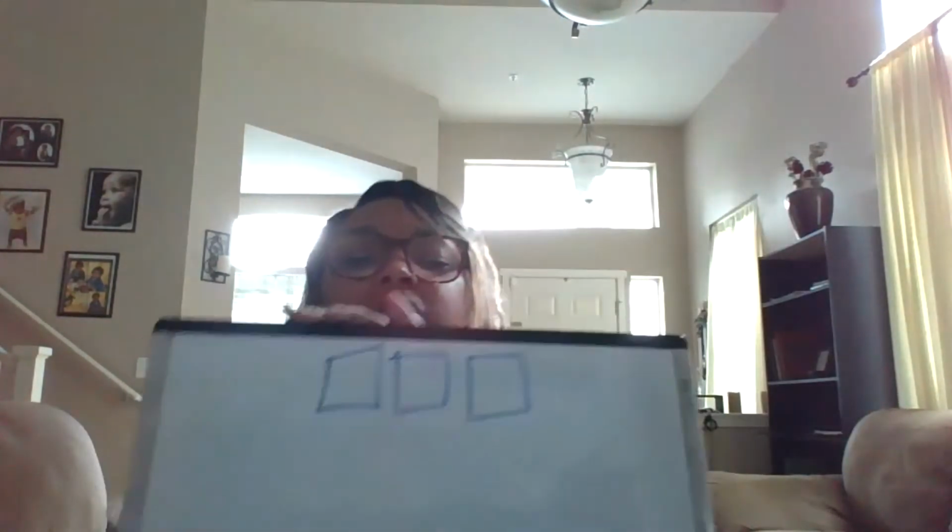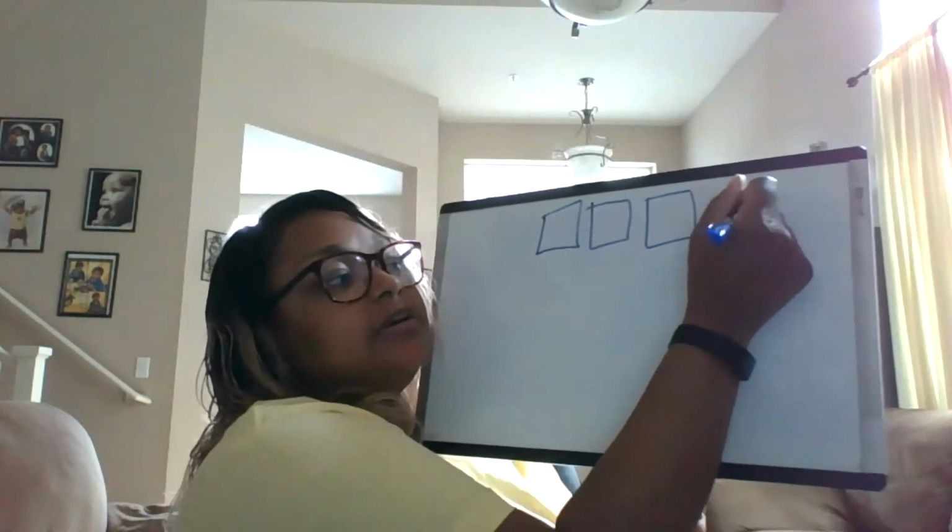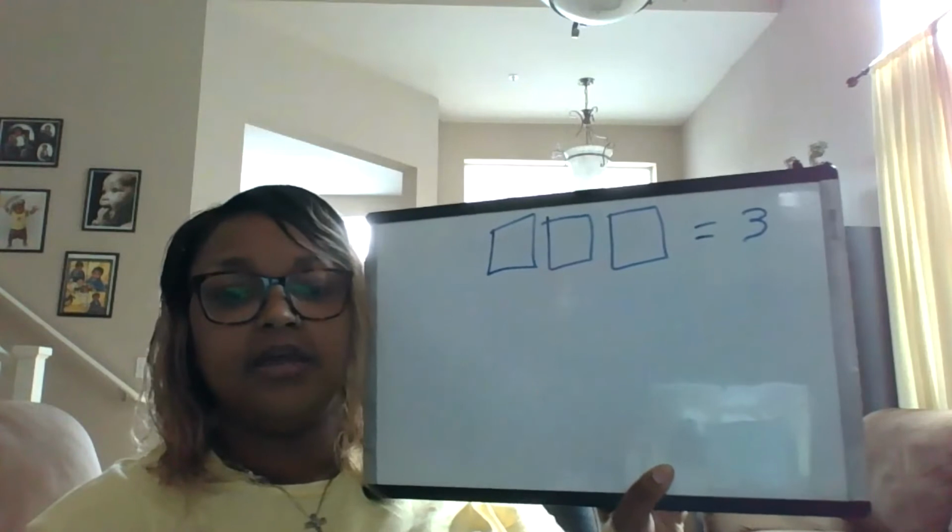All right, and I have some examples here. Actually, we're going to flip this around, okay? So I'm going to do an equation because yesterday we worked on if we had the picture first, how would we make the number? So let me do that first, okay? So if I had, how many squares do I have? Correct. So I know that my squares are going to equal 3, okay?